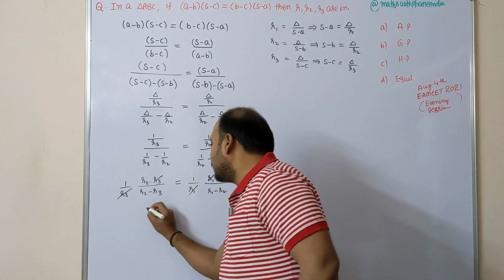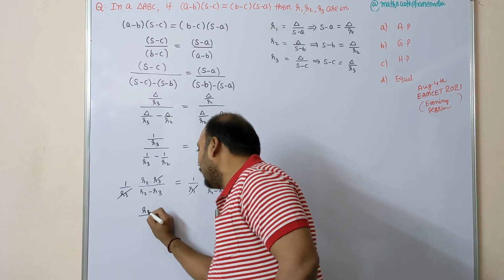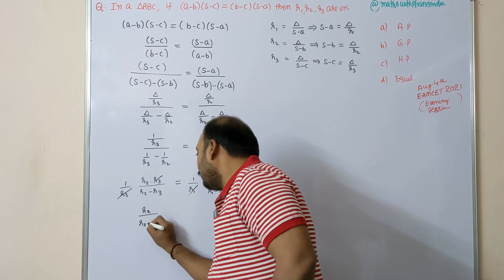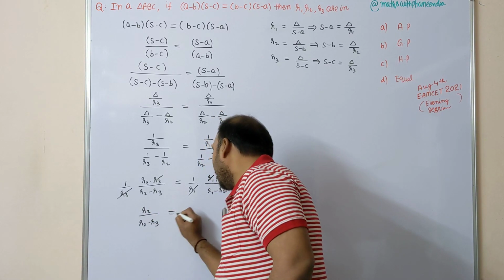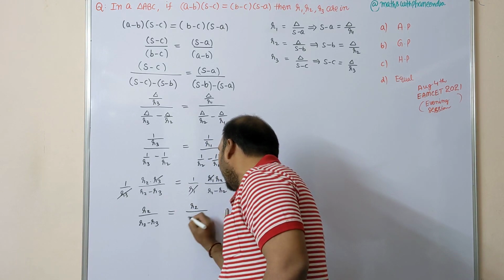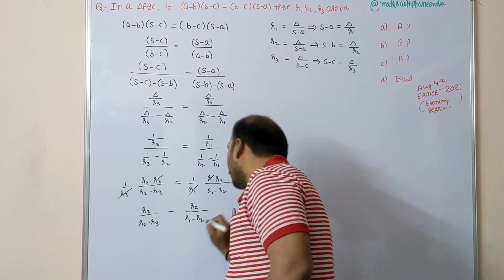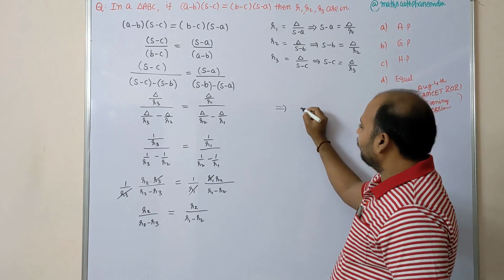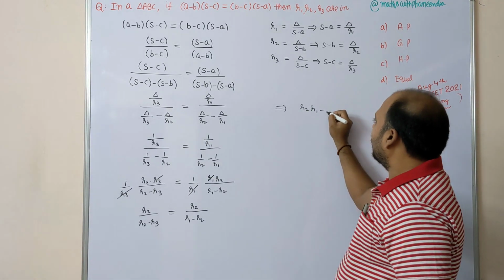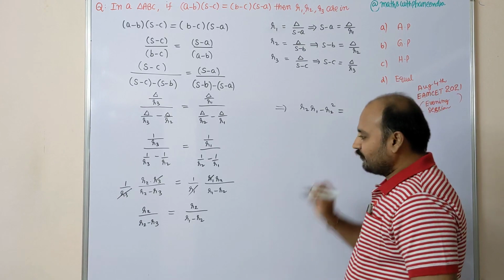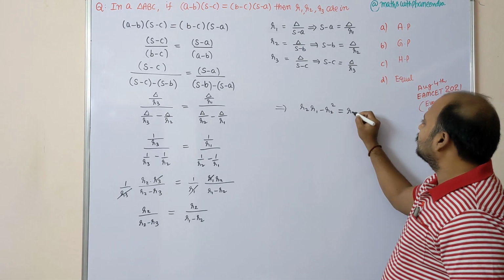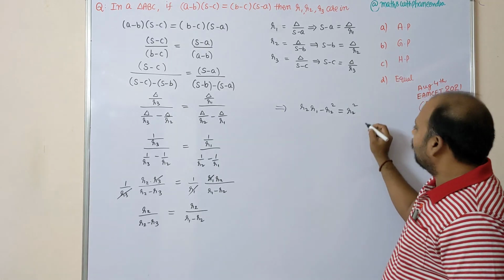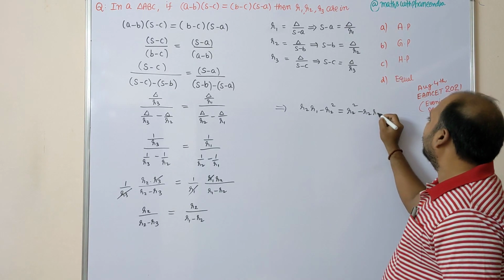Now cross multiplication. We get r2 by (r2 minus r3) is equal to r2 by (r1 minus r2). Cross multiplying, r2 r1 minus r2 square is equal to r2 square minus r2 r3.